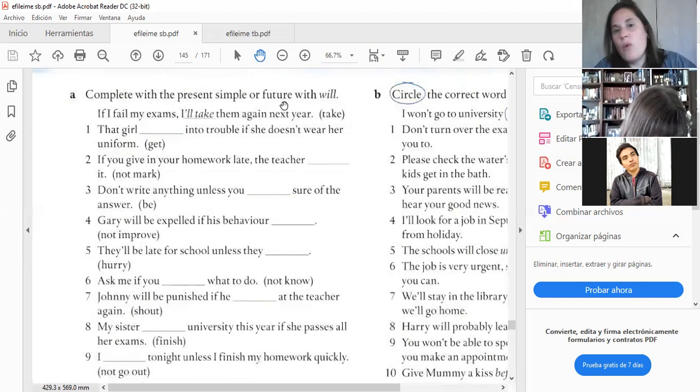So you check if in one part of the sentence you have the future, if the other goes present. Remember that after the will, the verb goes always in infinitive.